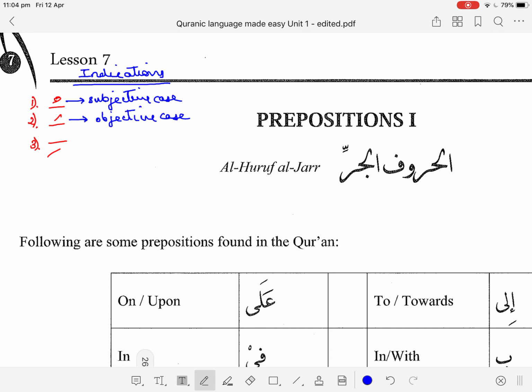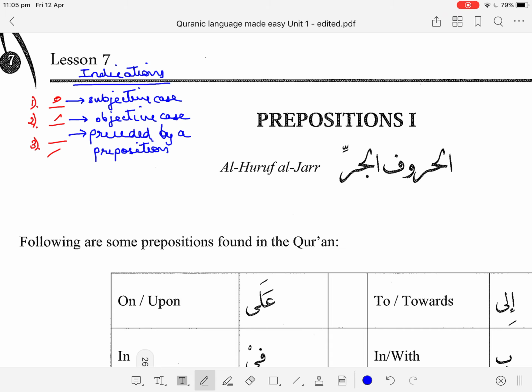And whenever there is a kasra at the bottom of any letter, or at the last letter of any word, it basically means that it is preceded by a preposition.